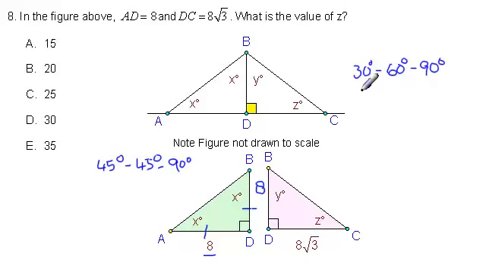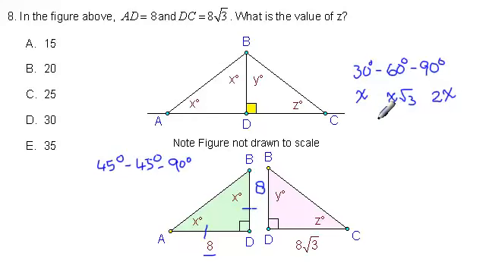Now in a 30, 60, 90 degree triangle, the ratio of the sides is given as follows: if the smallest leg, which is opposite to 30 degrees, is x, then the leg across the 60-degree angle is x square root 3, and the longest side, also known as the hypotenuse, is twice the length of the smallest leg, which is 2x.